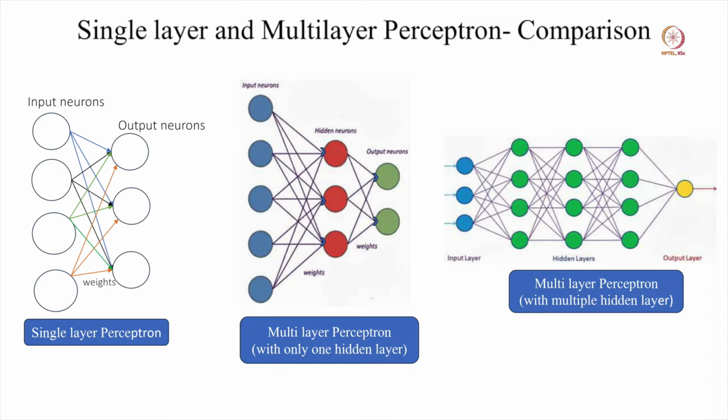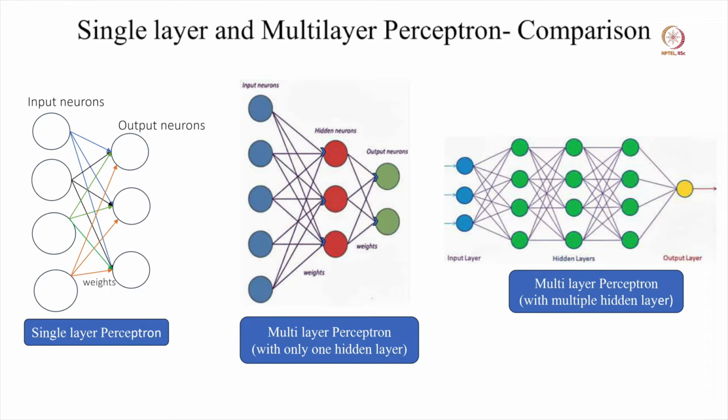And here also these connections or the edges have some weights, and these weights decide how much importance to be given to each of these input neurons. Of course, from the hidden layers to the output neurons, when they are connected, there also we have the weights which decide how much importance will be given to the input that is coming from this hidden neuron to the output neuron.